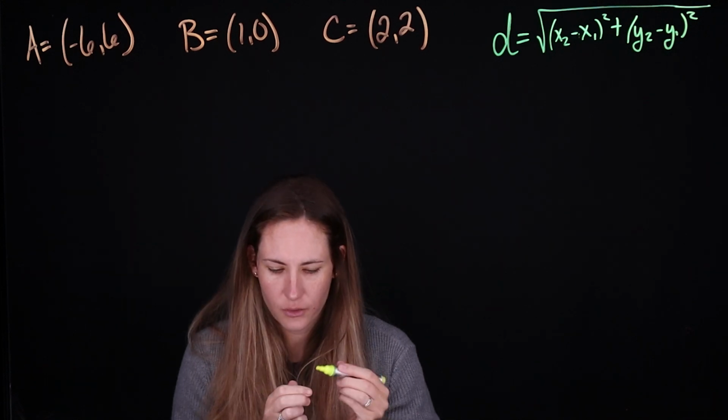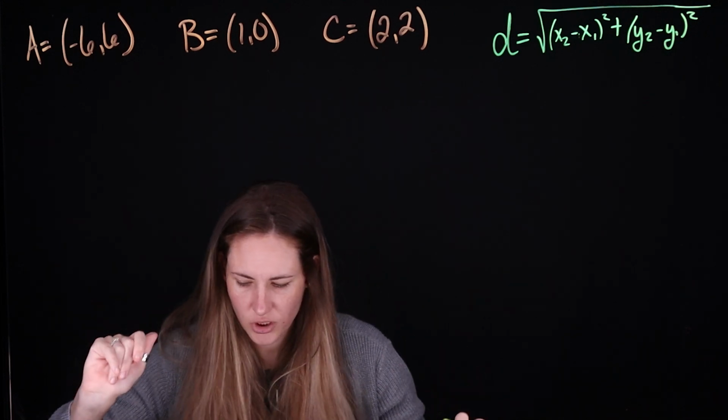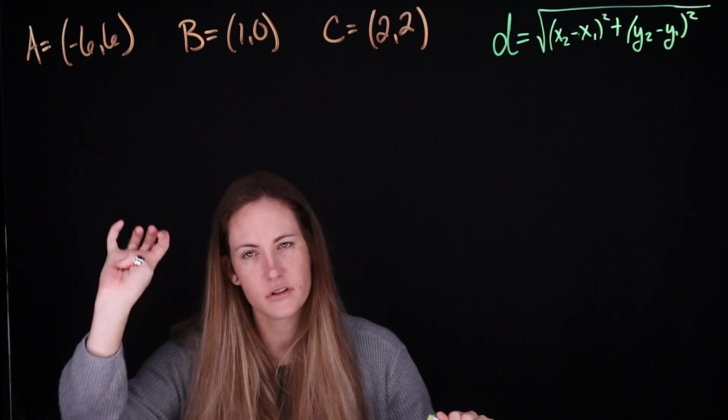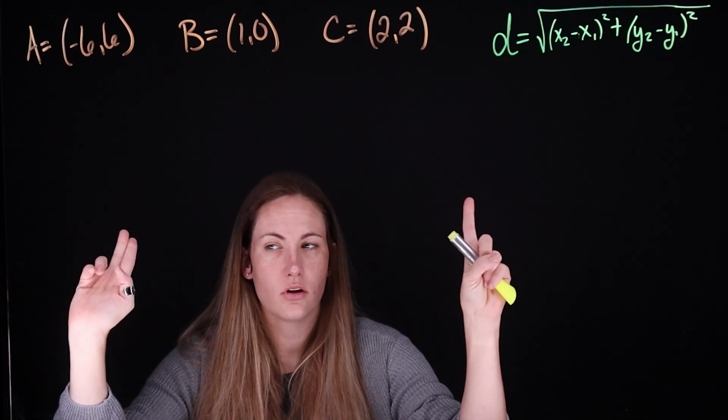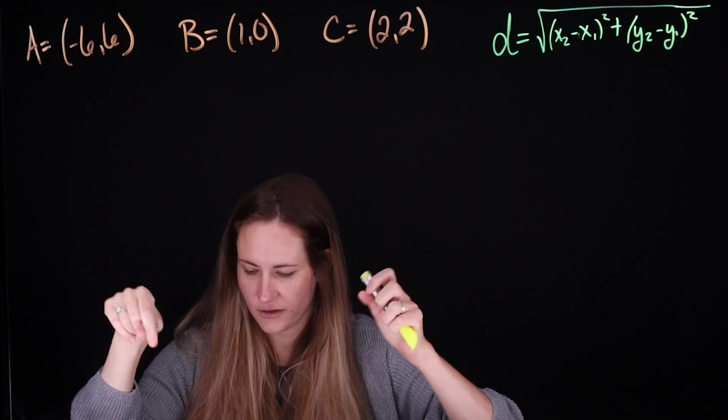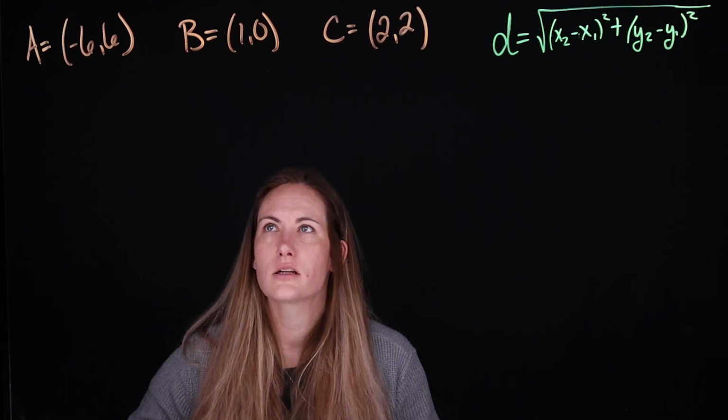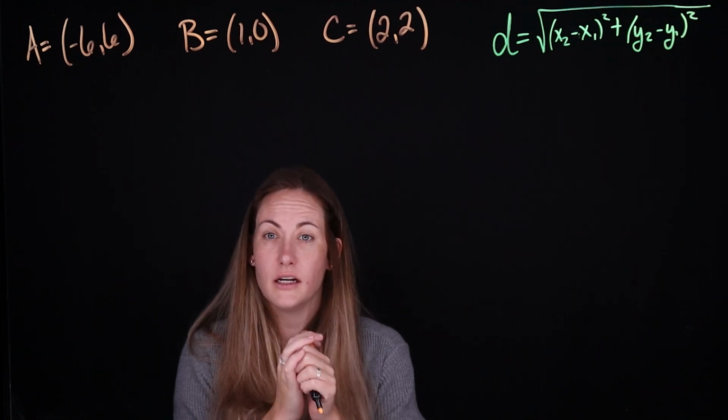Okay, so we're proving the right triangle. To prove it, we have to prove that there's 2 legs, and the sum of those 2 legs equals the longest side because of the Pythagorean theorem. So let's go ahead and start finding the distances.